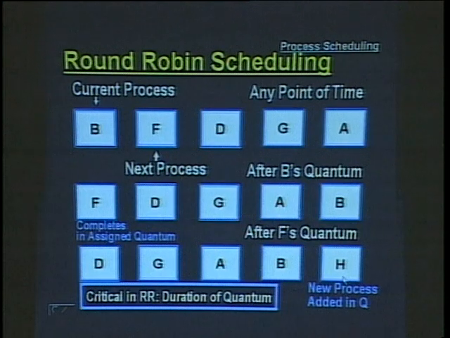This is why this process is called round robin. Each process commands the same priority and the same amount of CPU time, and after availing the time the process goes to the end of the queue.